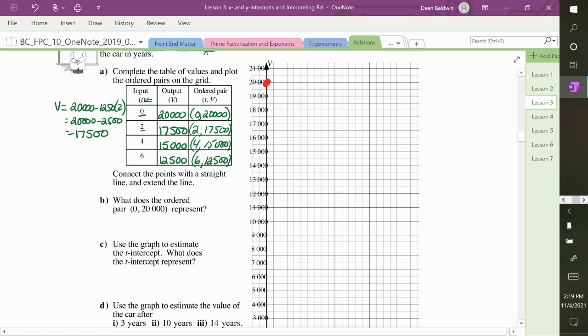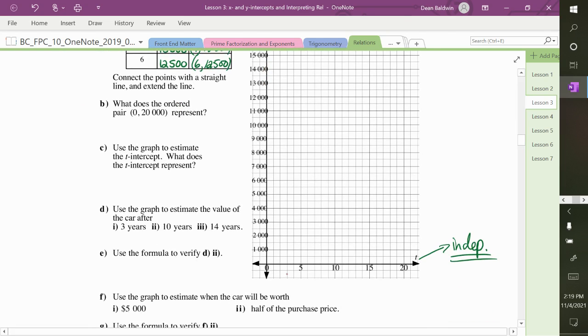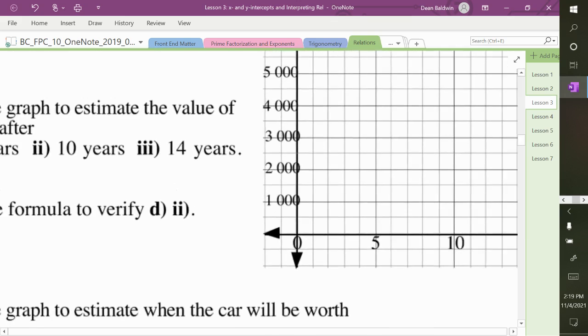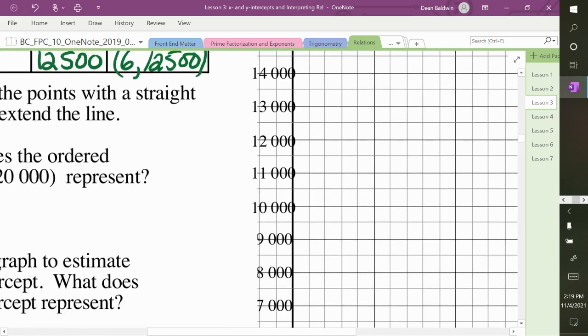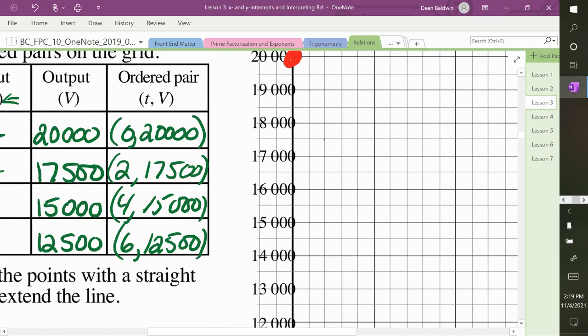There's our first point. Our second point occurs at 2 years. T is 2, and we get a value of 17,500. So looking at the bottom here, each line represents 2. And then I go up to 17,500. So 17,000, there's 500.